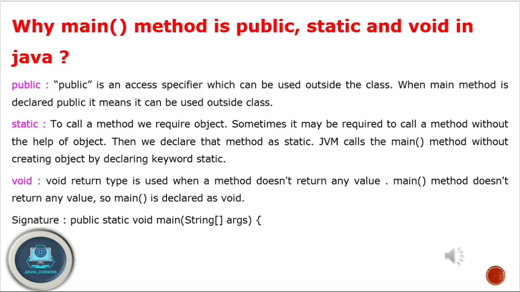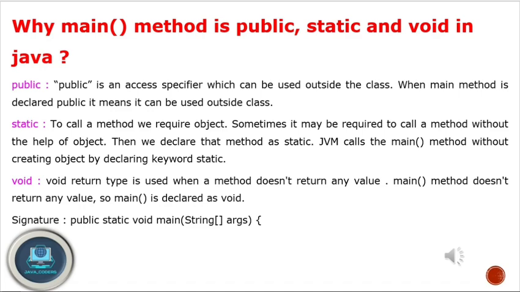Why is the main method public, static and void in Java? Public: public is an access specifier which can be used outside the class. When the main method is declared public, it means it can be used outside the class. Static: to call a method, we require an object. Sometimes it may be required to call a method without the help of an object.